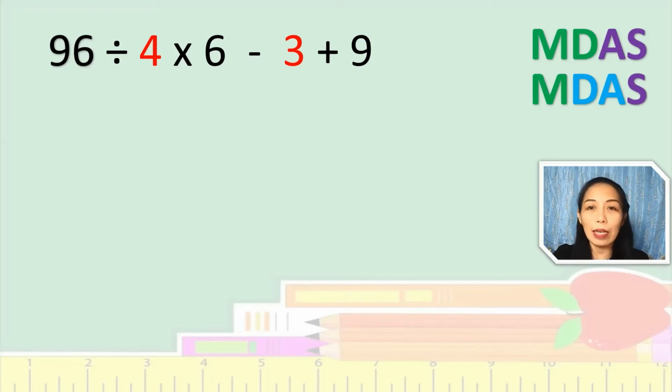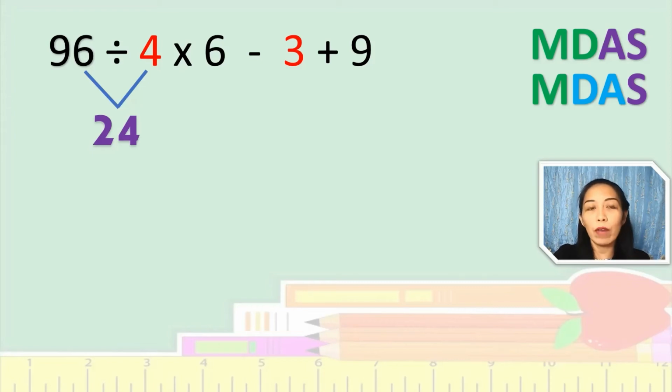So, let us start solving it again. So, 96 divided by 4 is equal to 24. That is D, division. So, we are going now to move to M para masunod ang M-. And since tapad naman sila, ang rule says, kung magtapad, sila ang isolve first.